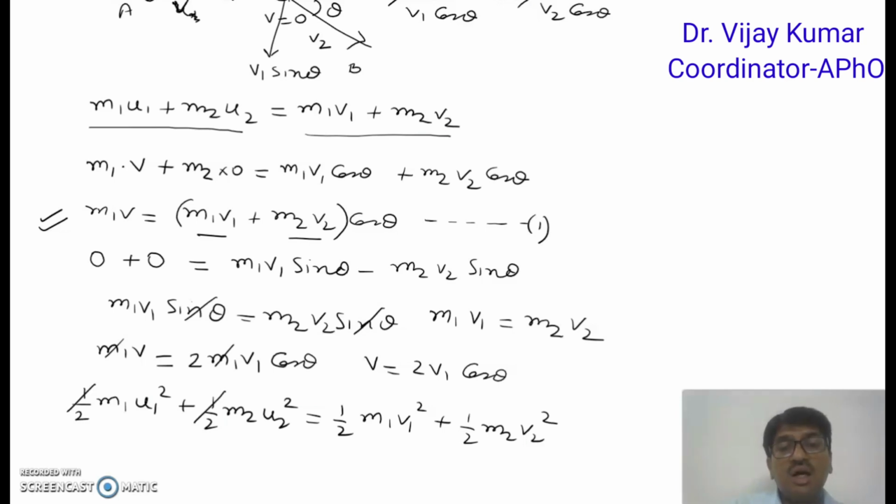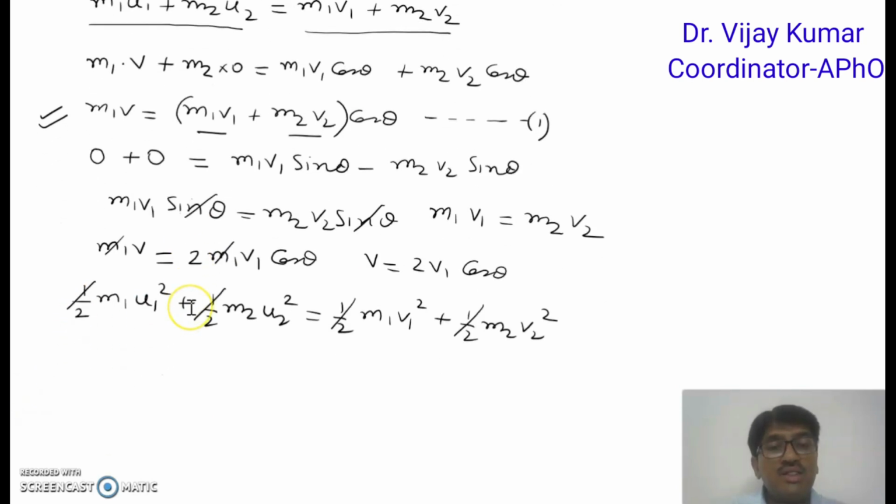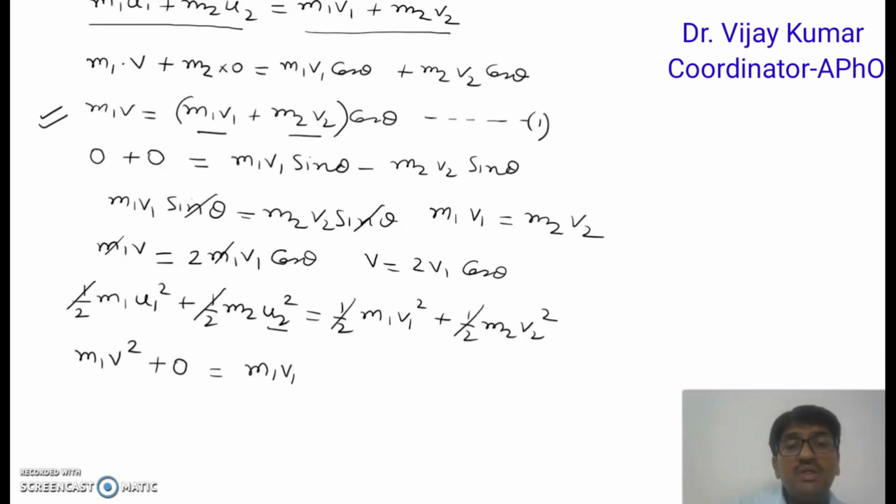The half cancels out, and as kinetic energy is a scalar quantity, there is no need to take components. So m1 u1 square becomes m1 v square, and u2 is 0, so it becomes 0, equal to m1 v1 square plus m2 v2 square.